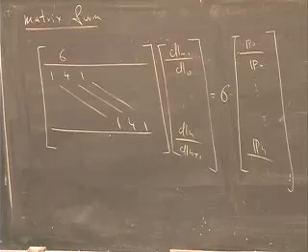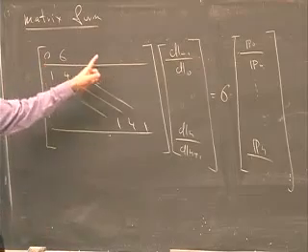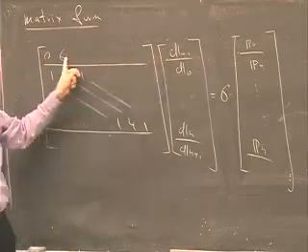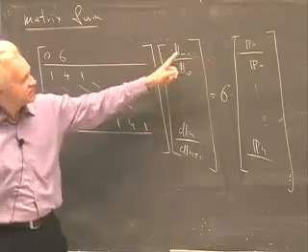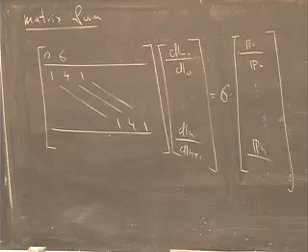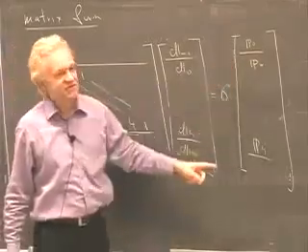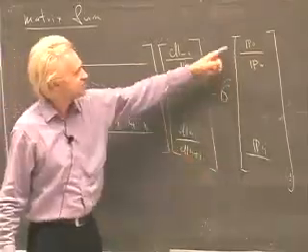Here's a 0. 0 times d minus 1 plus 6 times d0 equals 6 times p0. That is d0 equals p0.